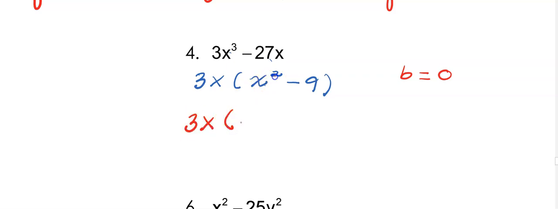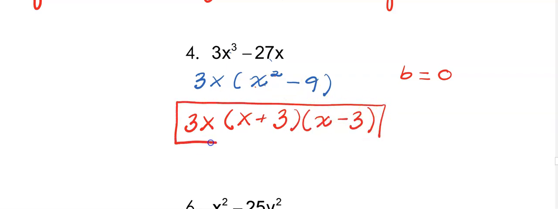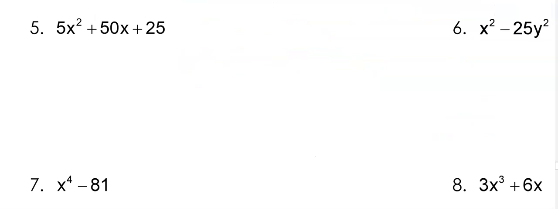So what is the square root of x squared? X. What is the square root of 9? 3. Now, if you can't take the square root, ladies and gentlemen, that means that would be my answer. It would be factored. But because I could take the square root of these, we continue because we know it's a difference of 2 squares. Okay, so just because b is 0 does not mean it's going to be a difference of 2 squares. Don't forget that.